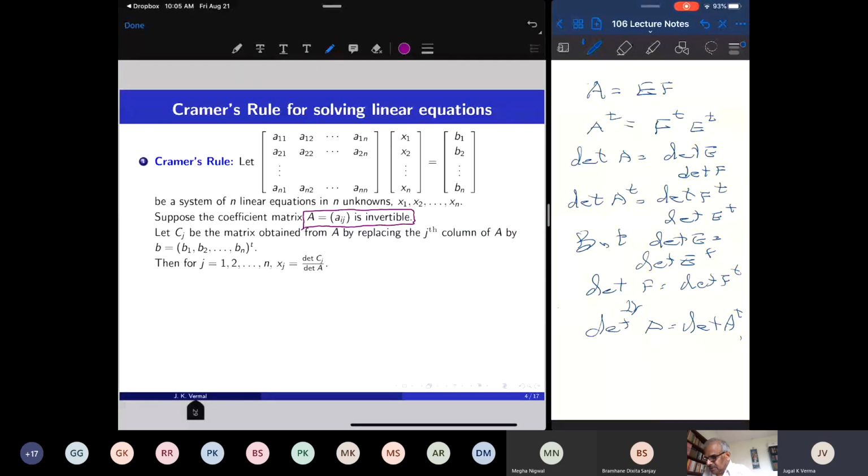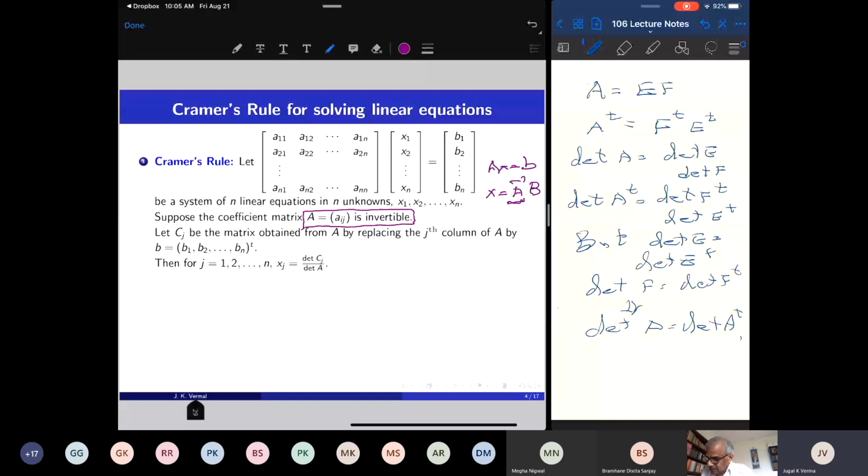So we cannot have a formula. So we assume that the matrix is invertible, and that ensures that the xi's are uniquely determined. So Ax equal to B, and A is invertible, then x is equal to A inverse B. And we know how to calculate A inverse by the Gauss elimination method or the formula using cofactors, etc.